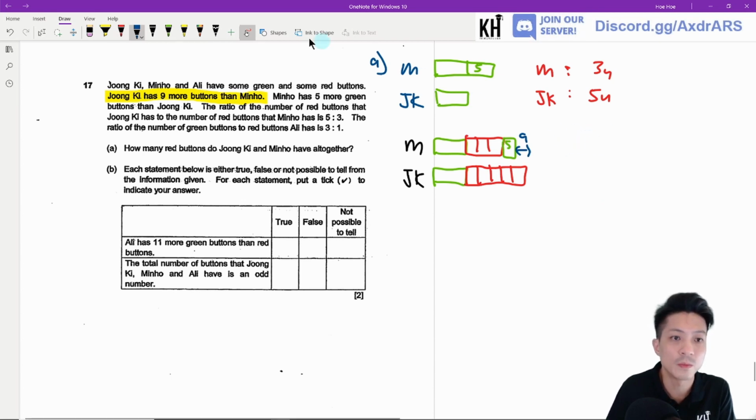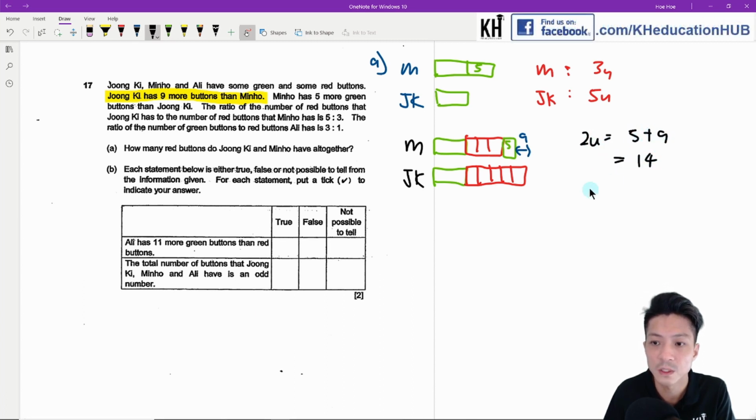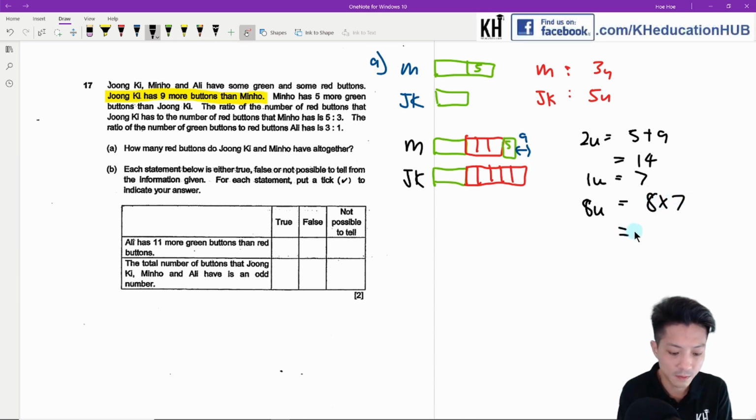Okay, so from here, I will know that 2 units is equal to 5 plus 9, which is 14. Okay, 1 unit is equal to 7. How many red buttons do Joong Ki and Minho have altogether? They have a total of 8 units. Okay, 8 times 7 will give me 56.